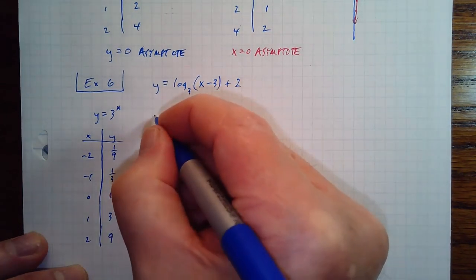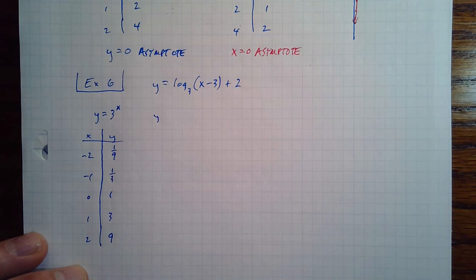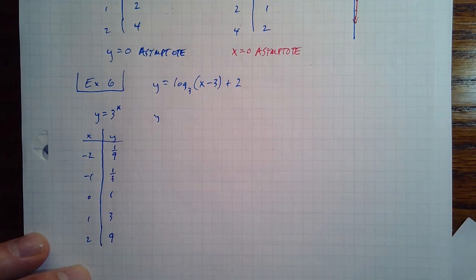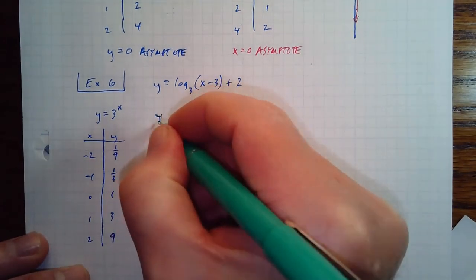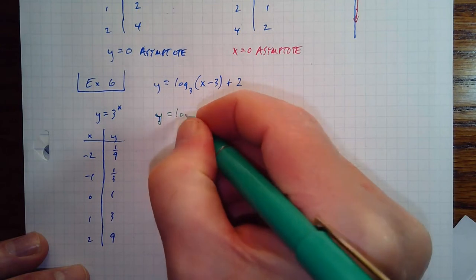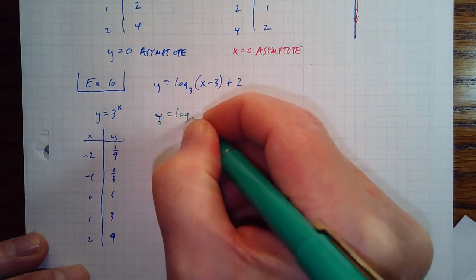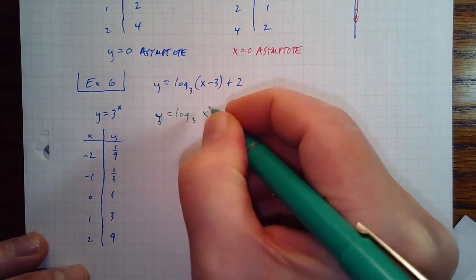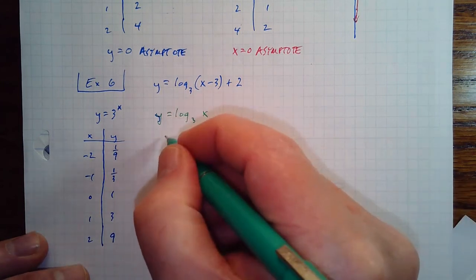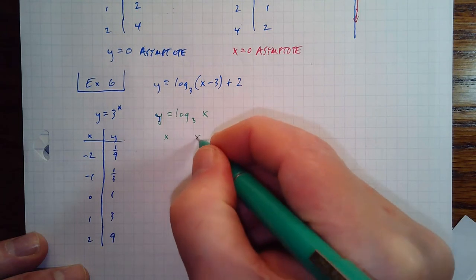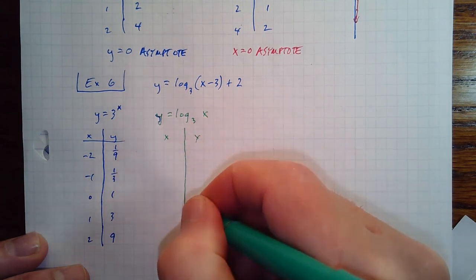And now this will allow me to figure out, do this in green here, just this basic log base 3 of x. I'm going to do the slide later. So I'm going to do the same x-y interchange trick that I did in the previous one.